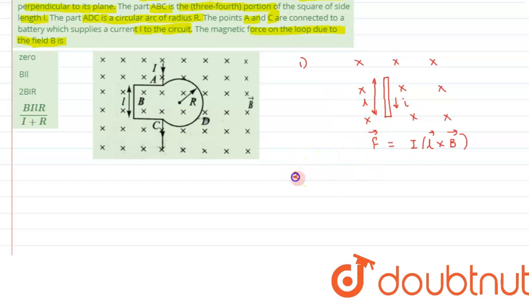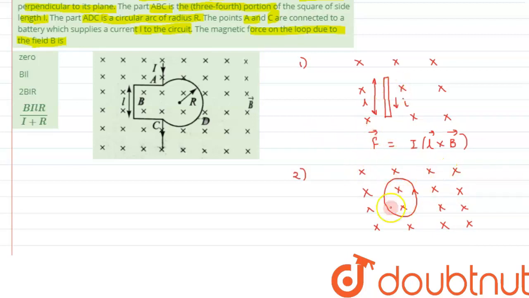The second important case is when we place a closed loop carrying current in a magnetic field. The force acting on this loop will be 0.